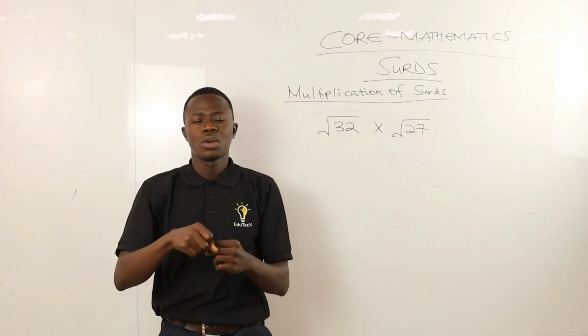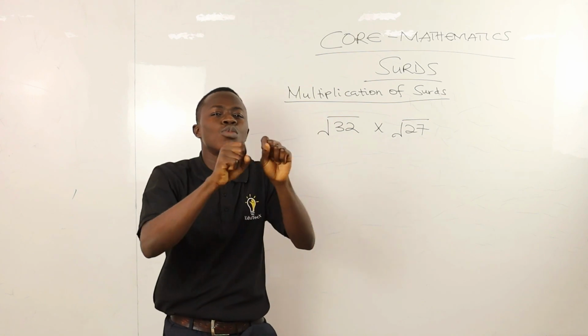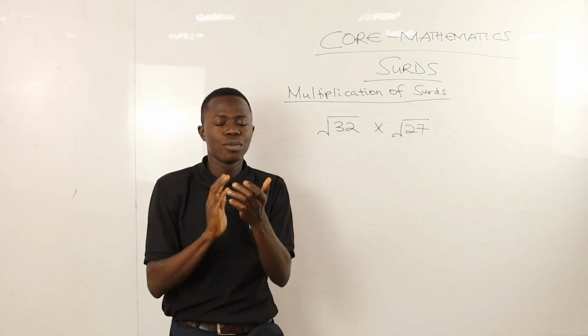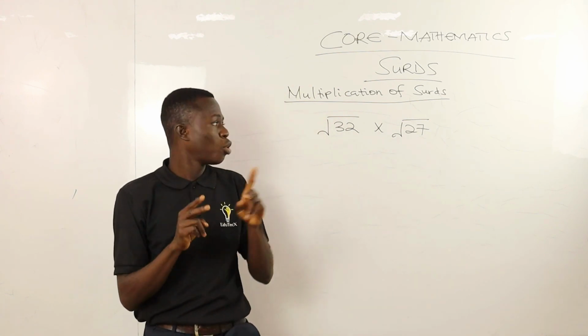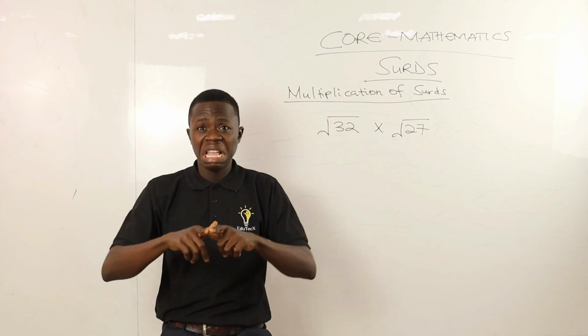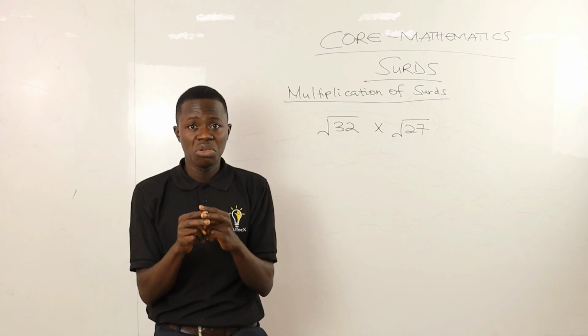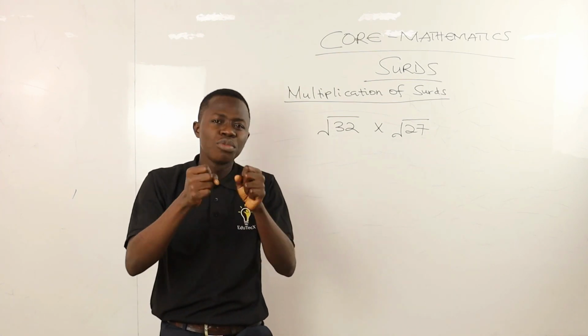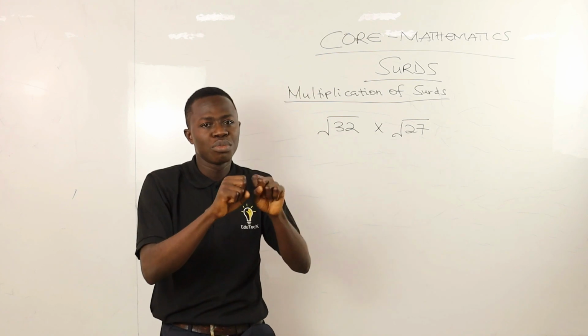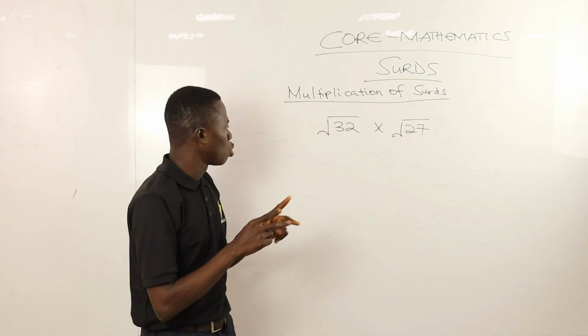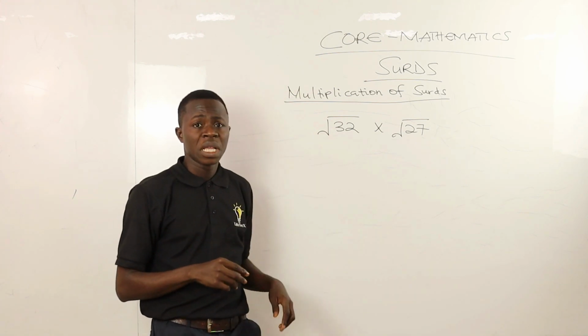Yes, that's a perfect answer. You simplify them first. That is right. So you have square root of 32, square root of 27, which are complex sets. So we simplify them before continuing whatever we want to do.